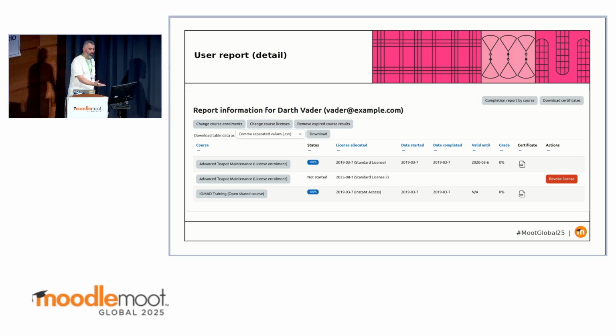I can see that this user has completed one of the courses, has been given a license for the other one, they have a valid date for it, which is expired in this case, but they've been allowed to start this other course, but they haven't started it yet. So every single course enrollment, every single course completion for every course that user has is being recorded and can be viewed here.